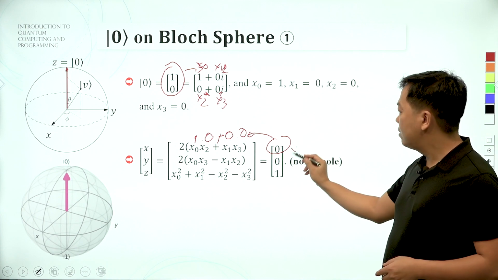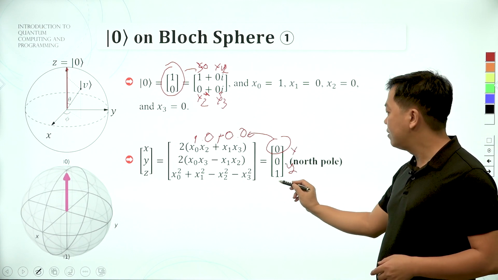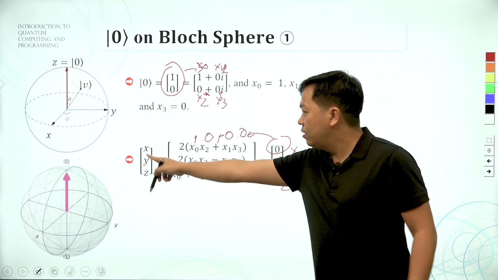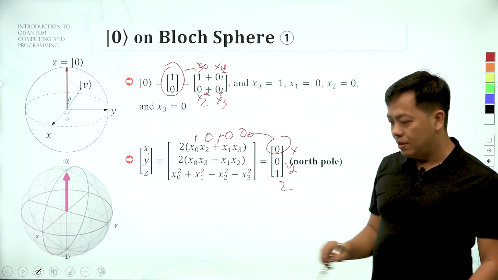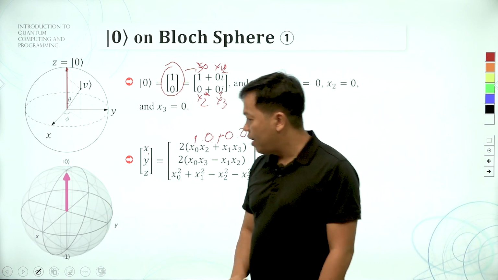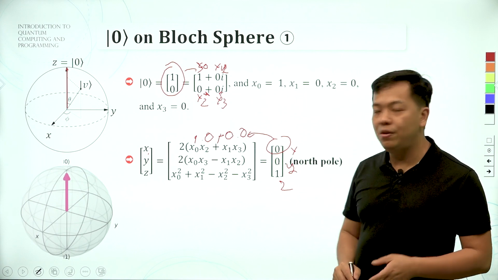So we have x, y, and z. Over here we have a Bloch sphere.